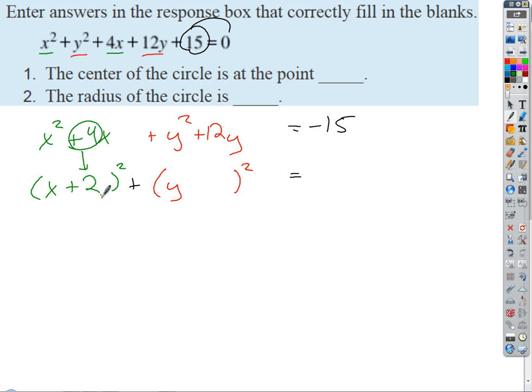So 2 goes there, half of 4, which means, let's see, what's going to go there and there? 4. 2 squared, right? So I'm going to get 4 and 4. Make sense? Okay, Bailey, what number goes there? 6. Which means, what number am I adding to both sides? 36. 6 squared, right?